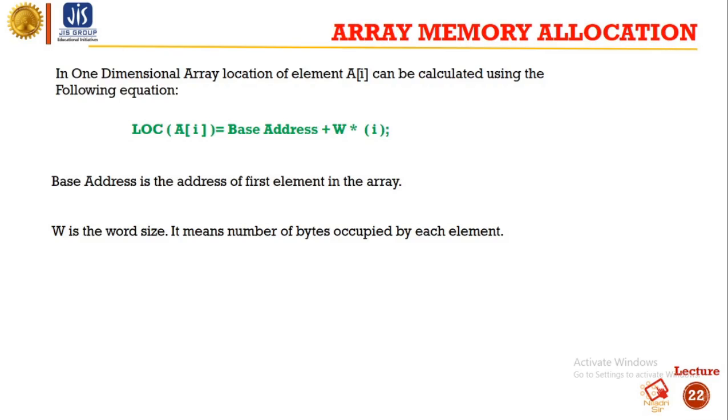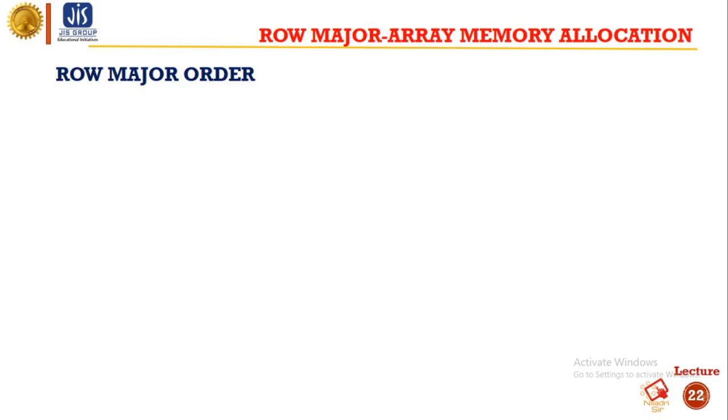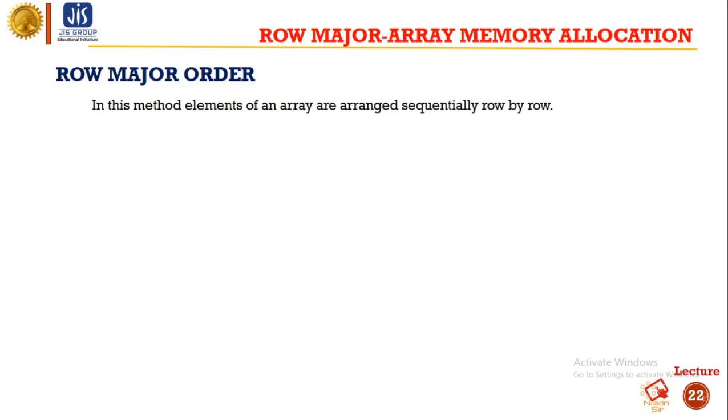Now, the row major order. We can get the address of any element by using row major or column major. What is row major? In row major order, the elements of an array are arranged sequentially, row by row.